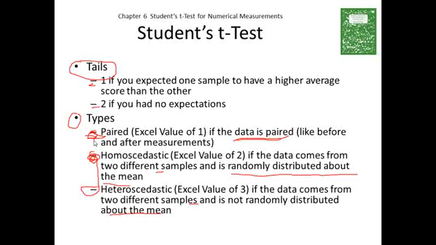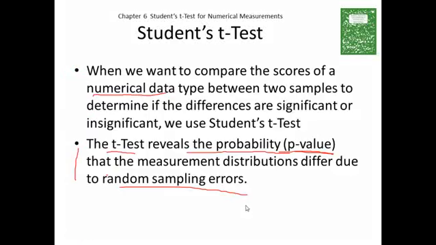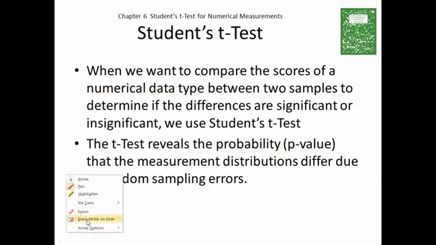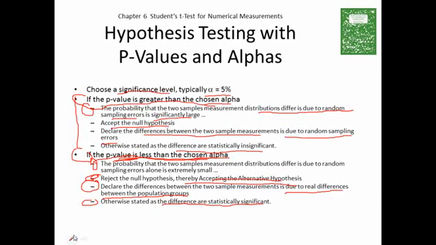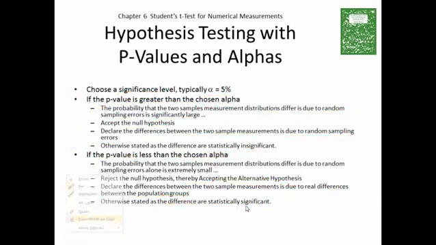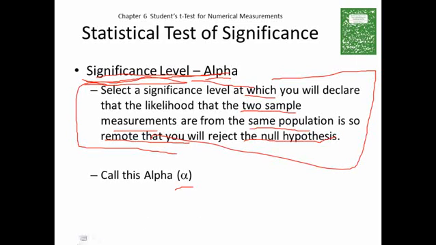At this point, we've discussed student's t-test in terms of its types, including paired. We've also looked at the idea that it reveals our p-value. We've looked at a chosen alpha. We're going to use 5%. We revealed here how we're going to actually do the hypothesis test.